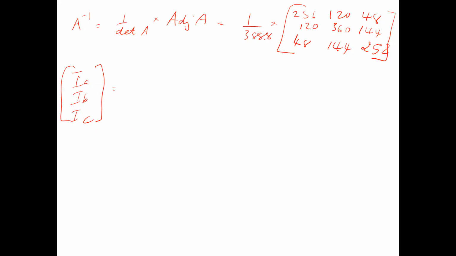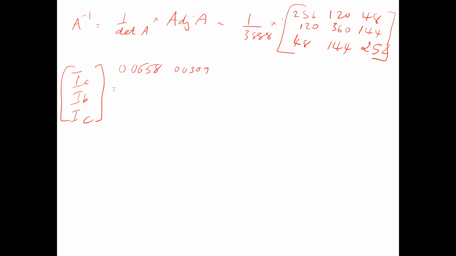256 divided by 3,888, that will be 0.0658, okay? And we have to divide each of them by this value basically. 120 divided by this value again is 0.0309, okay?